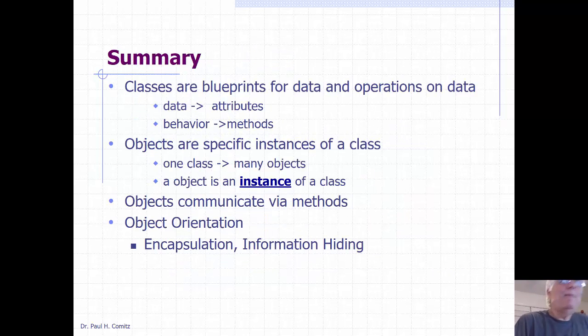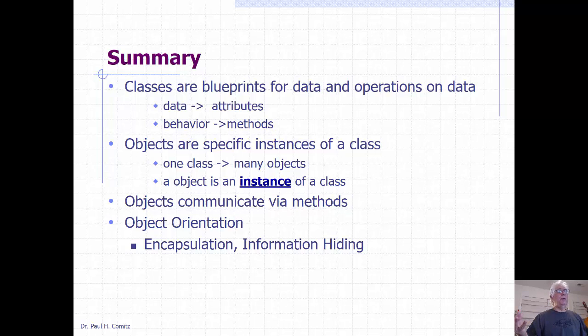So wrapping up here, think of classes as blueprints for data and operations on data. The data is the attributes, behavior is methods. Objects are specific instances of a class. One class, we can have many objects.